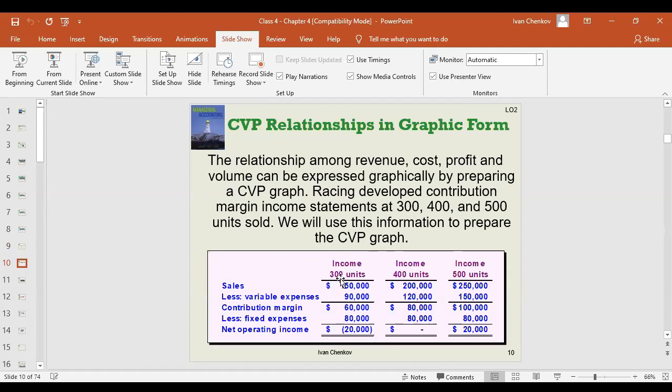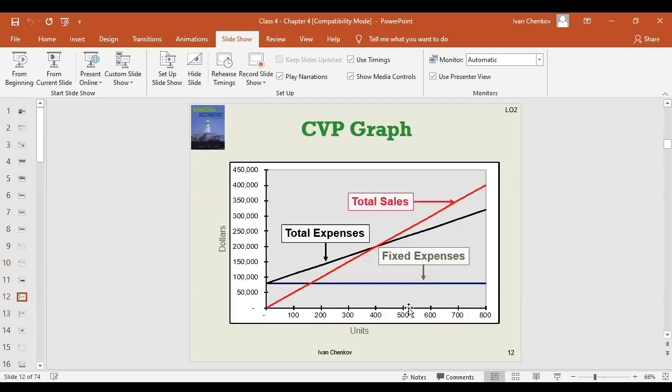If sales are at 300 units, you're losing money. If you move to 400 units, you're on the break even. If you go to 500 units, now you're at 20,000. Why 20,000? Because you're selling 100 units above the break even, and contribution margin per unit is $200. So 200 times 100 units transfers to 20,000.